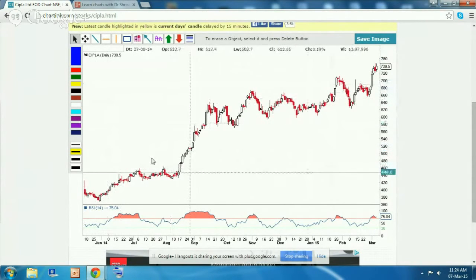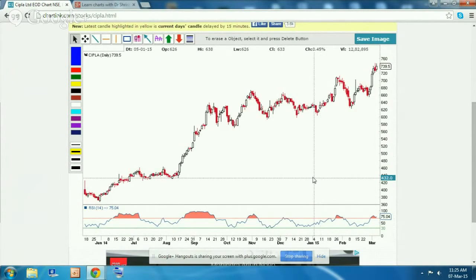This is the price chart that you see. At the bottom is an indicator called RSI, which is plotted. And on the right hand side, you can see the price of Cipla. Today, we'll see how to look at a chart in depth.